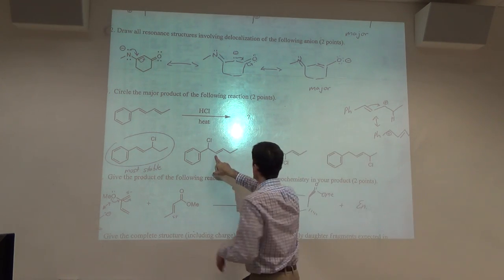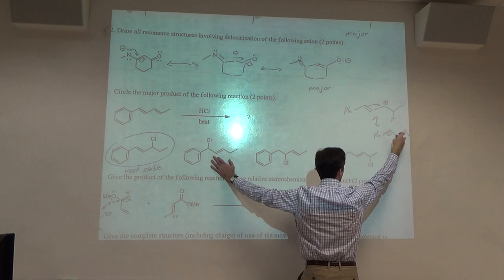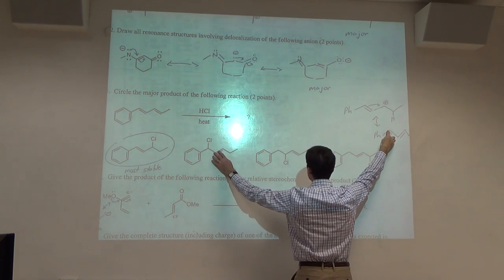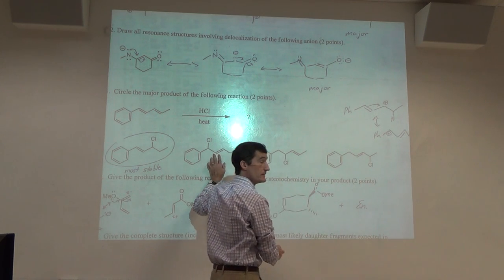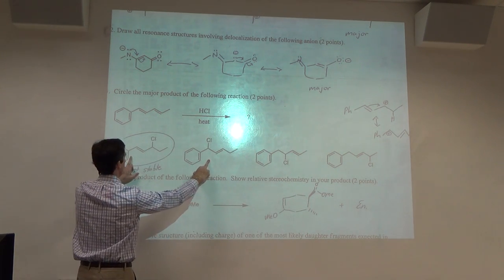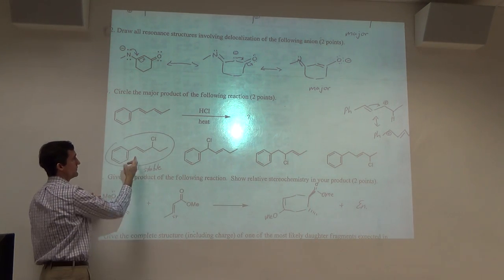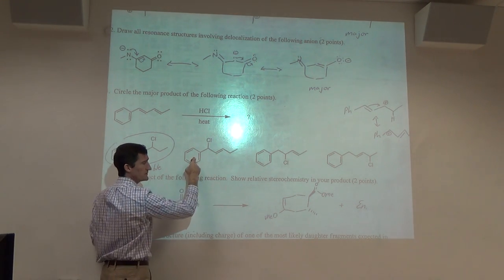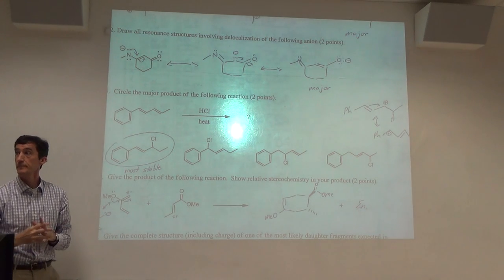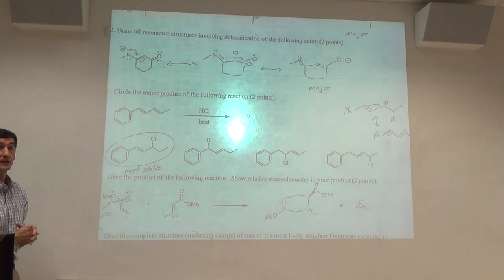Compared to this one, coming from this cation? If chlorine attacks here, you get this. Right? Which is more stable? Double bond conjugated with the benzene ring, more conjugation, or double bond not conjugated with the benzene ring? Conjugation is better, right?